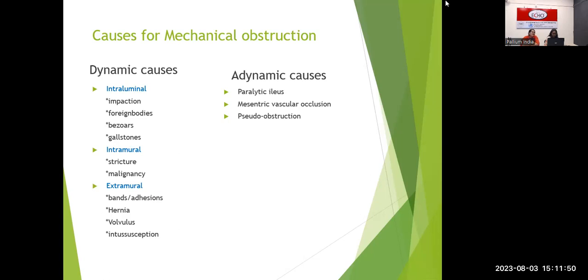Come on, sisters, you don't have to be shy. I'm sure you might have seen all these things. What is a typical history the patient will give you? Yeah, green color, it could be due to stool. Bile can be a content in the vomitus, yes.